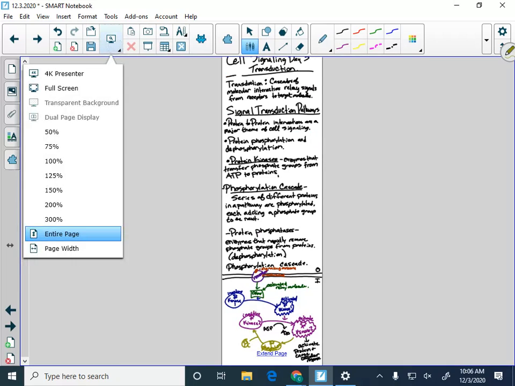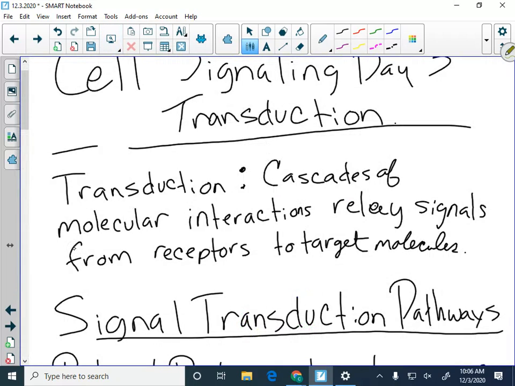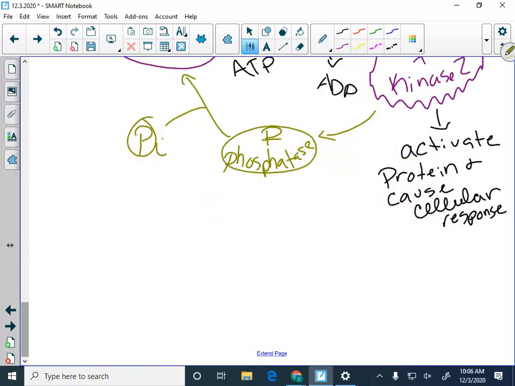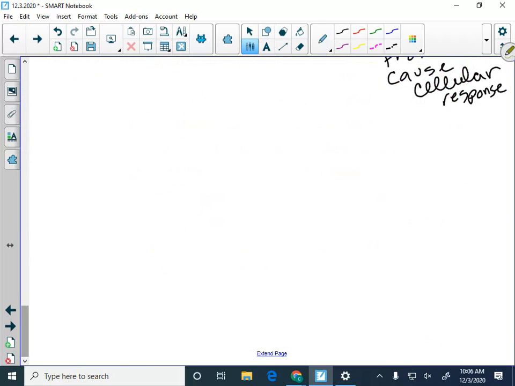Okay. So there are other molecules involved in cell signaling, and they are called second messengers.